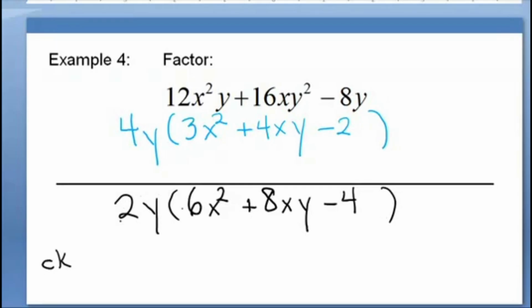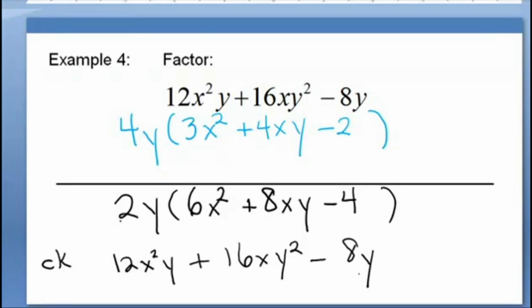So if you distribute, you're going to get 12x squared y plus 16xy squared minus 8y, which puts you back at the original. The problem is this is not factored completely. Inside, you left a common factor, and your clue here is that all of these are even.